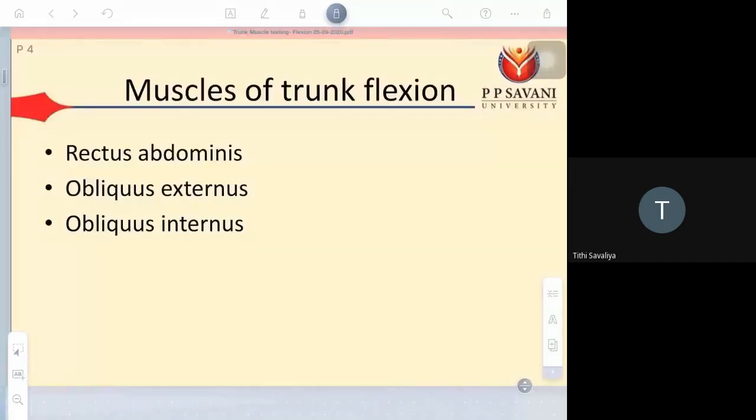When you talk about the muscles of trunk flexion, yes, there are many muscles, but these are the major muscles: rectus abdominis, obliquus externus, and obliquus internus. So these are the three major muscles of trunk flexion.